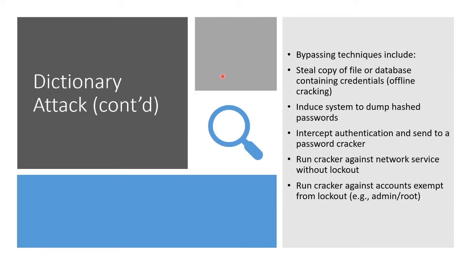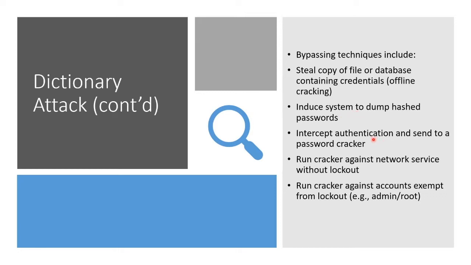You could bypass the dictionary attack. You could just steal a copy of the database file or the password file that has the credentials, and you could just crack it quietly offline. You could coax the system, or more like inject something into the system, get it to dump hashed passwords out of memory or to extract them out of a file.